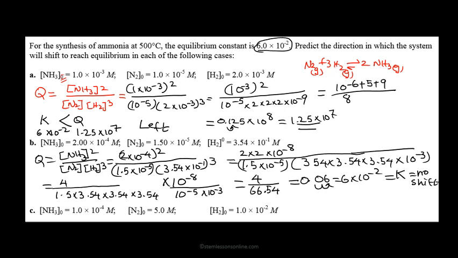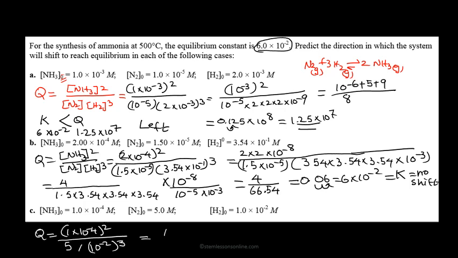Now we can try one more with different numbers given. The same way, we can calculate Q. You first do it and check your answer. Pause the video, okay? Q equals ammonia concentration 1 times 10 to the power negative 4, to the power 2, divided by concentration of nitrogen 5, and concentration of hydrogen 10 to the power negative 2, to the power 3.